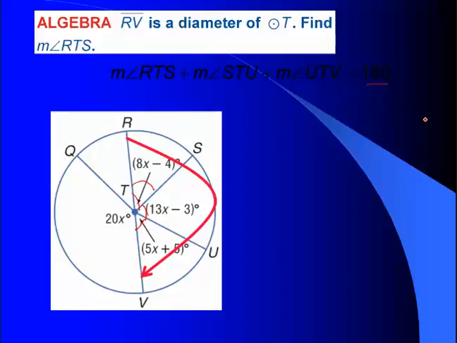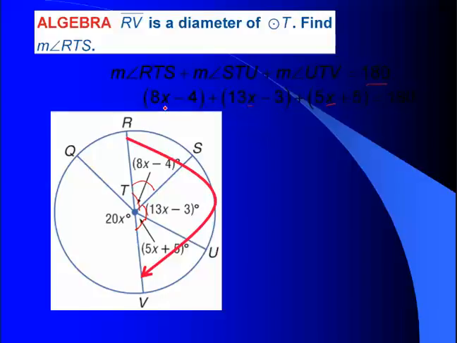So now I'm going to plug in what each one of them is marked. I've got my 8x minus 4. Then I have 13x minus 3 here in the middle. And I have 5x plus 5 here on the bottom. Those are going to equal 180. Now if I add my like terms, 8, 13, and 5, because they all have an x, that's what makes them like terms.